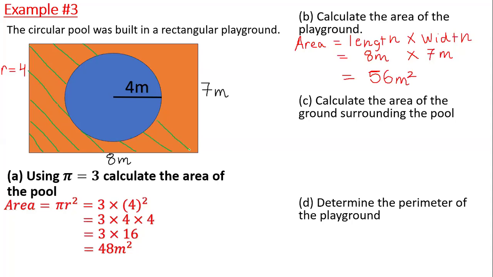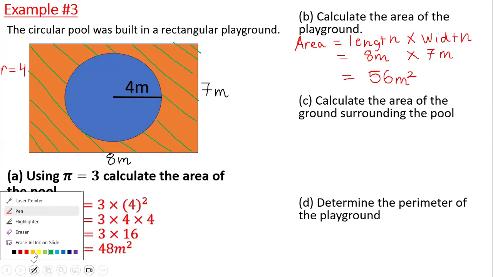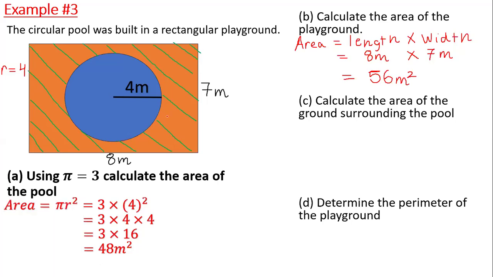So go ahead and subtract it and put your answer inside the chat. Let me know what you get, because you're looking for the area that's surrounding the pool. All right, so that area is going to be found by subtracting the areas.